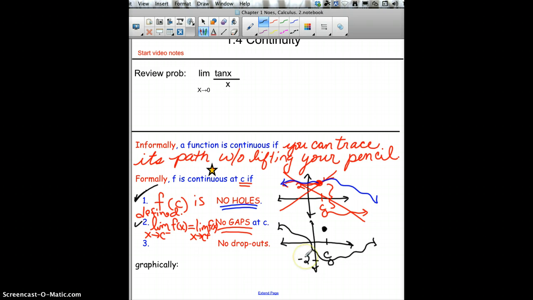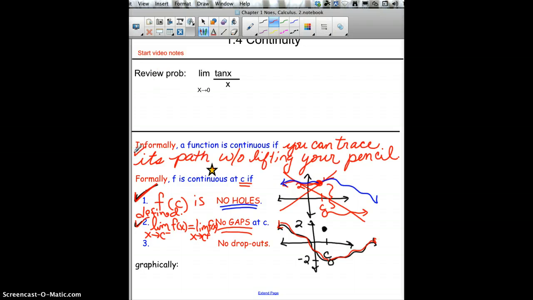Maybe that's down here at -2, and maybe I defined this at 2. So now I've got a function that is defined at c. It's got a nice solid dot. The limit from the left is the same as the limit from the right. They're both -2.